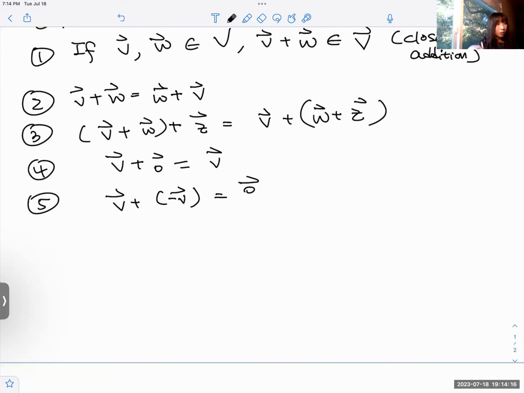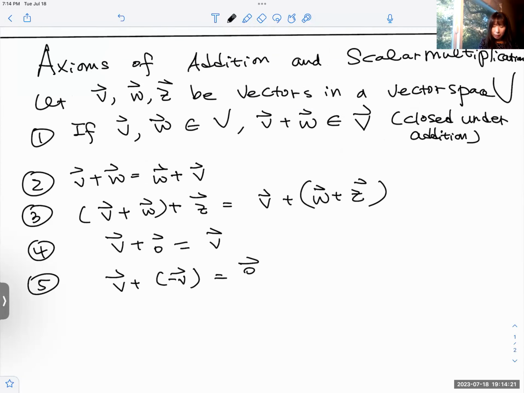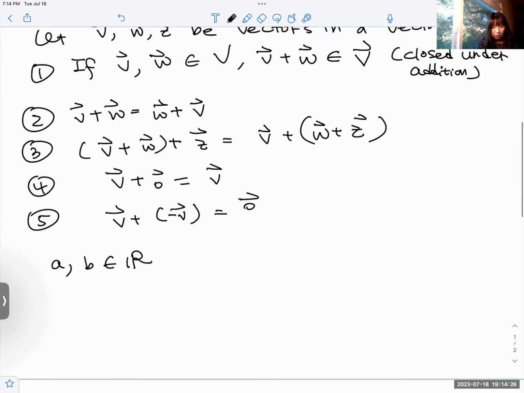Now scalar multiplication. We have scalars, let me denote A and B, in the real numbers.